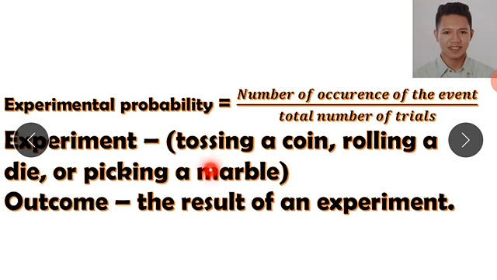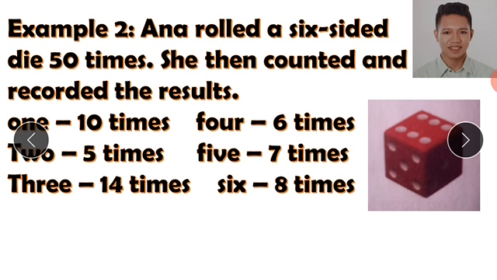Here are examples of an experiment: tossing a coin, rolling a die, picking a marble, and even spinning the color wheel. Outcome is the result of the experiment. For example, I toss a coin and the result is head, then that is what we call the outcome. So this one is an example of experimental probability.